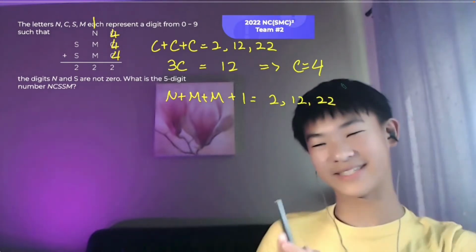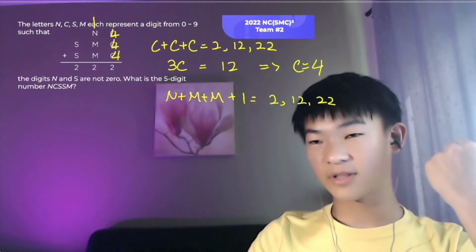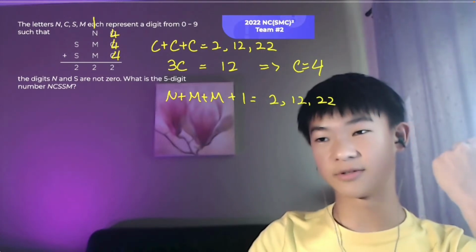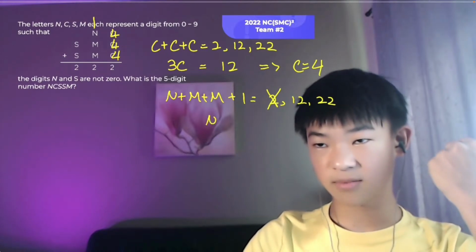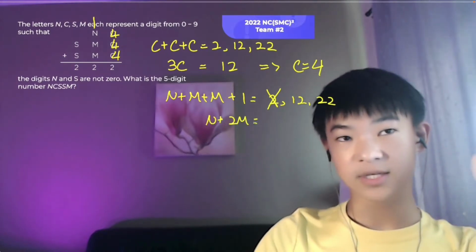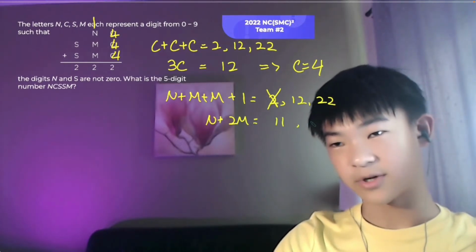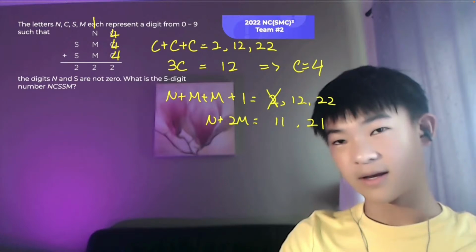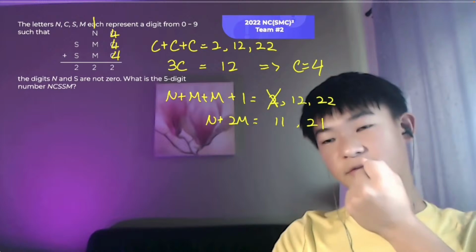And again, since the digits are less than 10, we can't have 32 or more. If we look at this, then clearly 2 is impossible. So we have N plus 2M is equal to 11 or 21. Okay, so that's what we have for now.